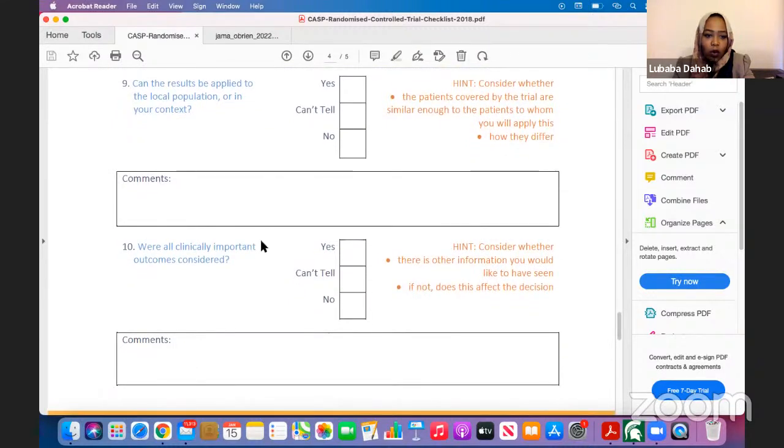Number 10, were all clinically important outcomes considered? I believe they did an excellent job in providing other clinical outcomes, for example hospital admission in the treatment arm and the placebo arm, in addition to ER visits.